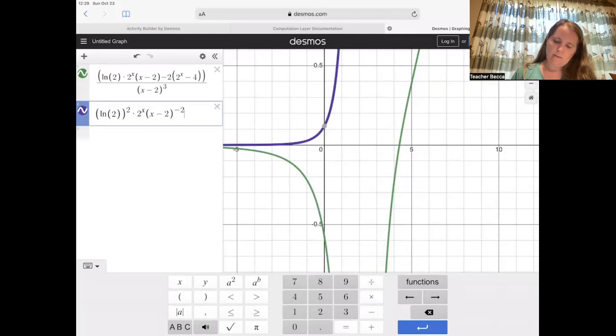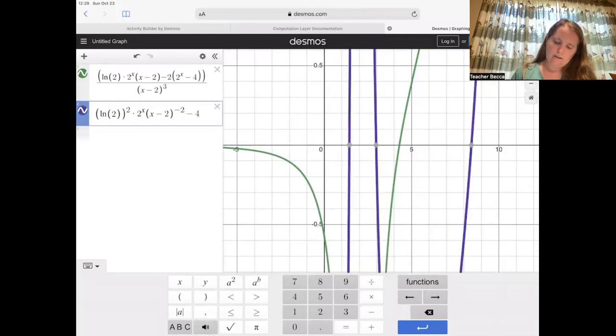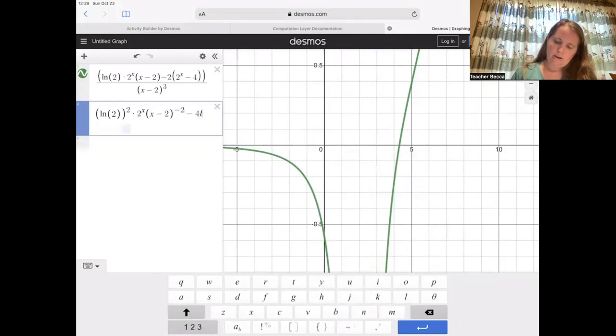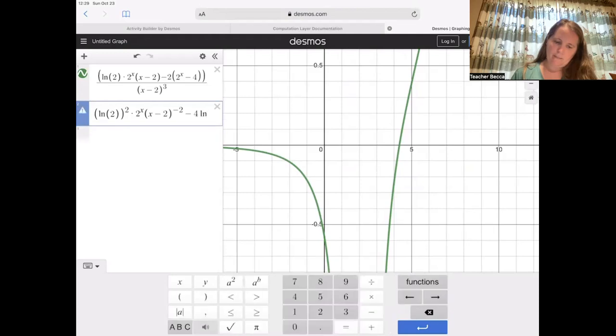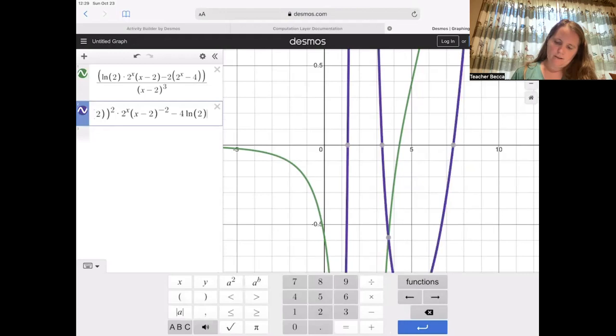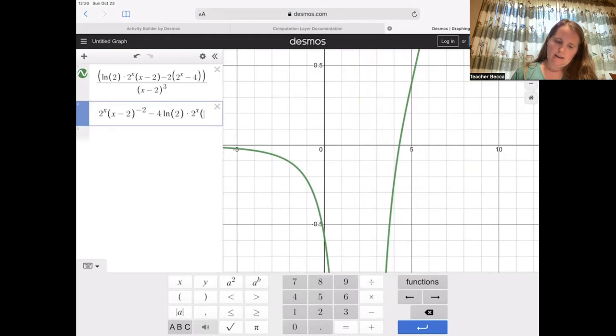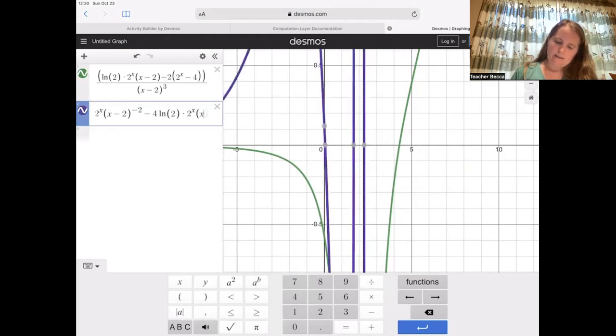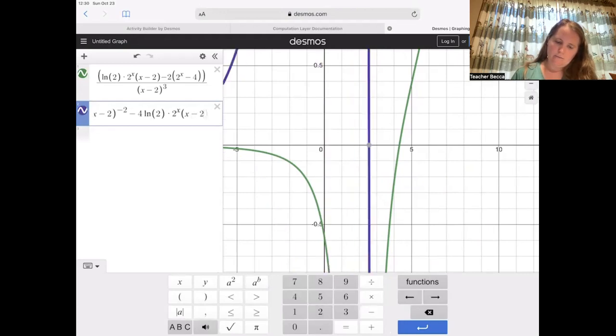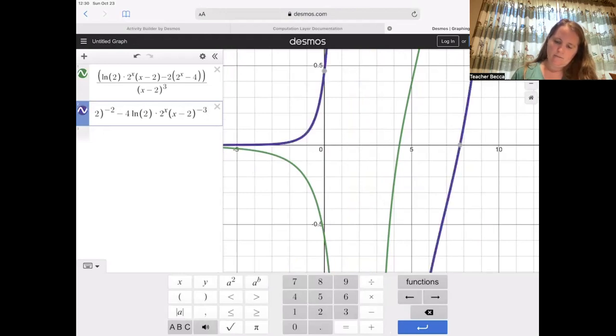Then from that, we were subtracting 4 copies of the natural log of 2 times 2 raised to the x times (x minus 2) raised to the negative third.